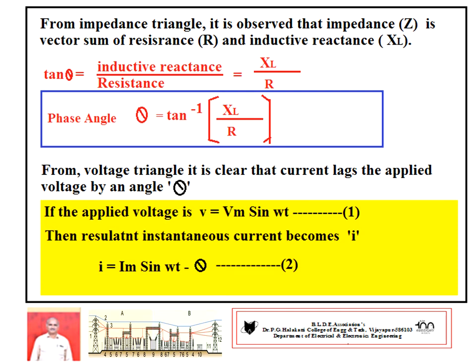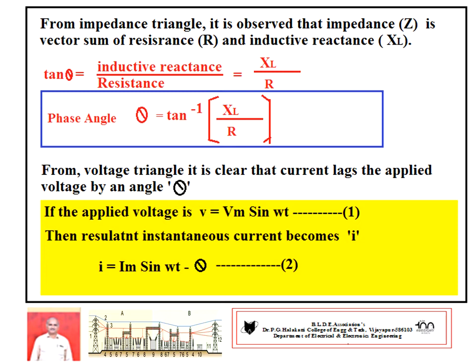From the impedance triangle, it is observed that Z is the impedance. It is the vector sum of R and XL. So, tan theta equals XL by R. Therefore, the phase angle theta equals tan inverse of XL by R. So this phase angle is above 0 degrees and less than 90 degrees.